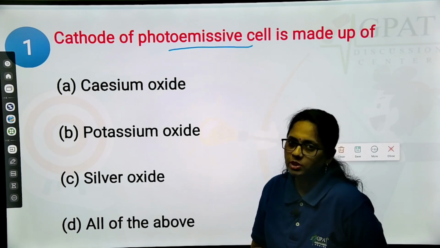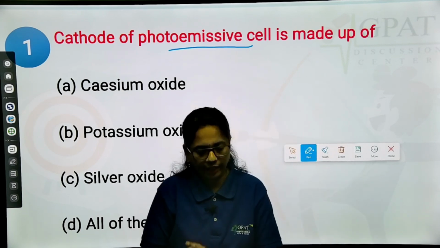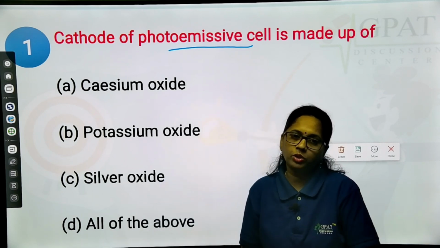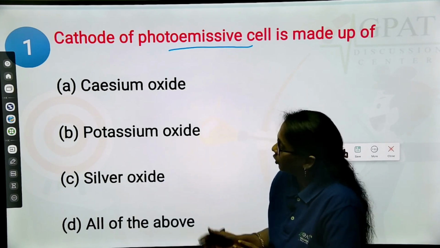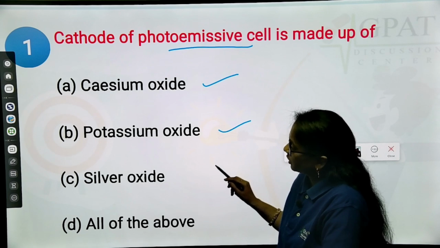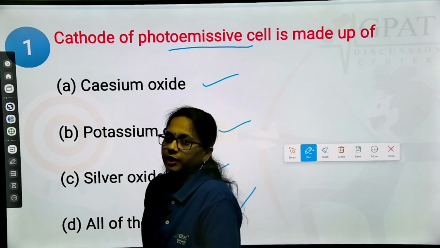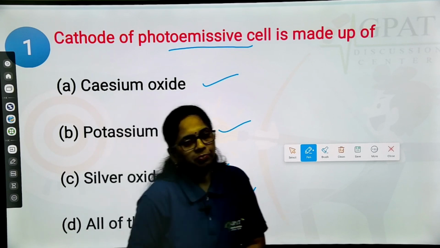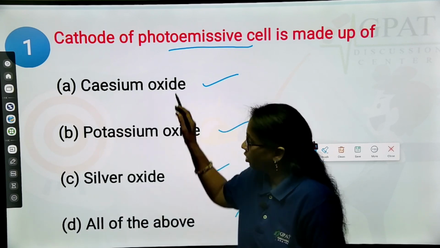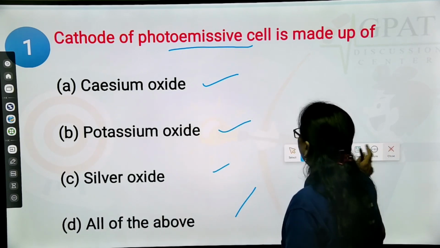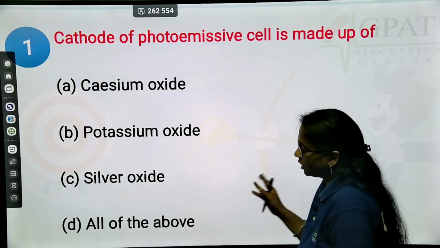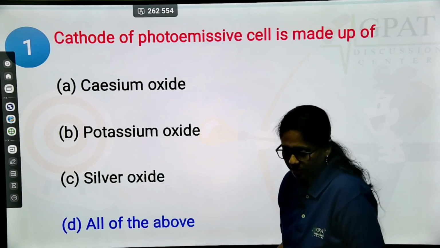These photoemissive cells have both a cathode and an anode. The options are cesium oxide, potassium oxide, silver oxide, and all of the above. Whatever the cathode materials are, they are prepared from metal oxides. All these options are made up of metal oxides, so easily you can guess that option D is the right answer.